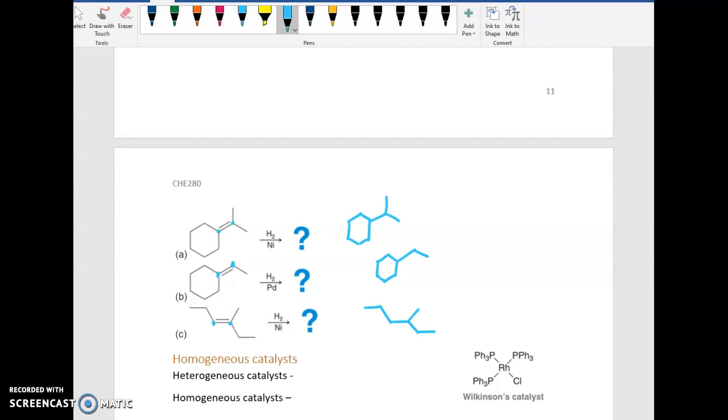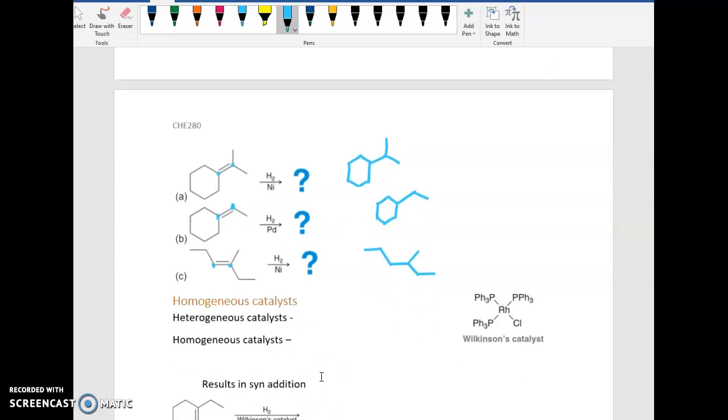There are some homogeneous catalysts. Heterogeneous catalysts are things like platinum and palladium and nickel. They don't dissolve. If you remember, it was a long time ago, but in 170, we talked about heterogeneous. That means having two layers. Homogeneous catalysts are things that dissolve.